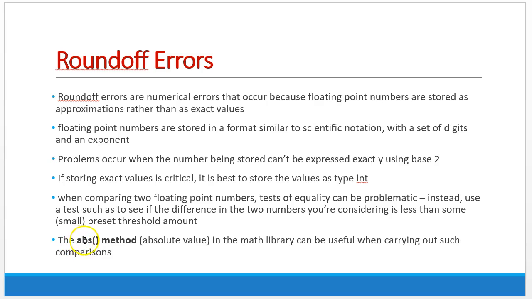So the suggestion is to use the math.abs method to subtract a little bit. So instead of saying A equals B, you could say the absolute value of A minus B has to be less than some particular threshold. Okay, and I think you may be needing that in problem sets.